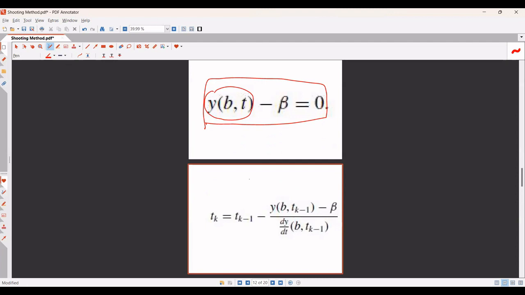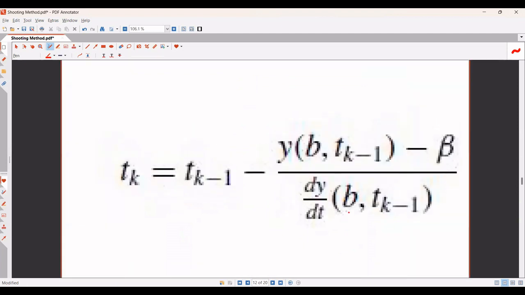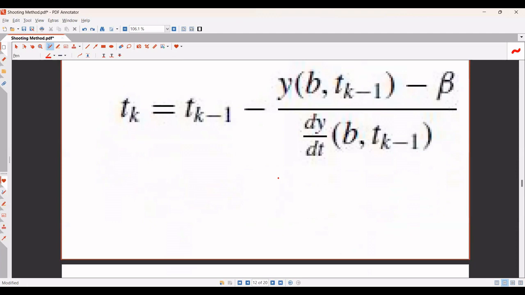So we are going to solve this equation using Newton's method. And this is the Newton-Raphson equation, very well known to you, right? There is another problem. We do not really have the derivative in our hand. So how to find the derivative of y with respect to t?